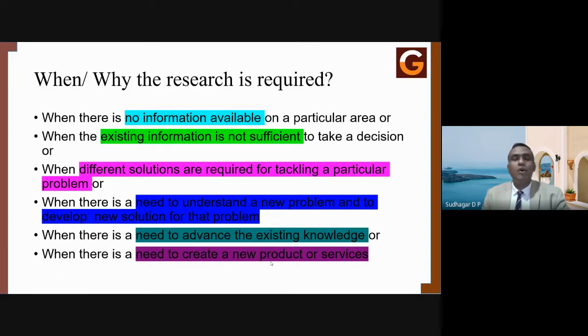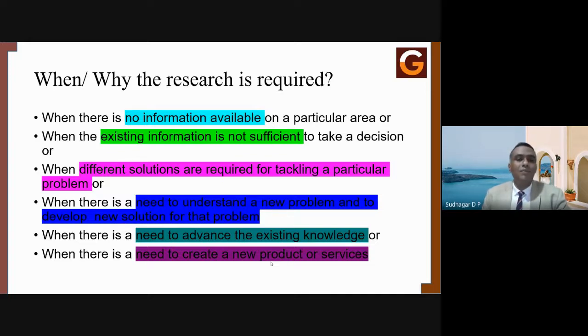There is nothing called one problem, one solution, but a problem can have several solutions. Sometimes the solution which was initially found may not be very effective. So people would have still tried and come out with different solutions. So when we are having different solutions, we are able to tackle the problem in a most effective way.